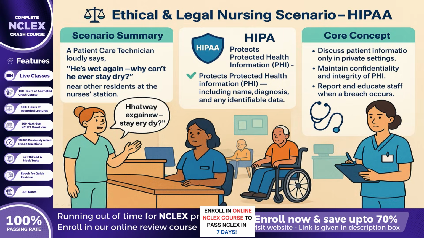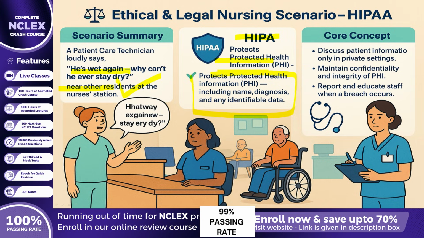Now, moving forward to the expanded rationale, this situation clearly represents a breach of the Health Insurance Portability and Accountability Act, or HIPAA, a federal law enacted in 1996 to protect the confidentiality, integrity, and security of patient health information, collectively referred to as Protected Health Information, PHI.